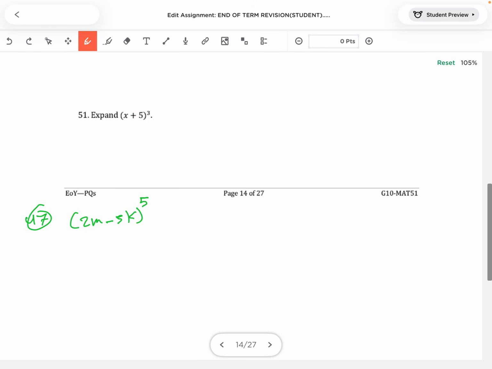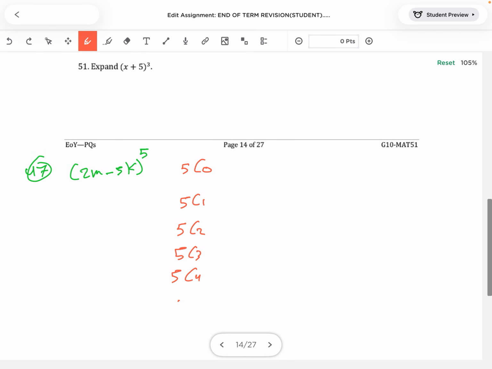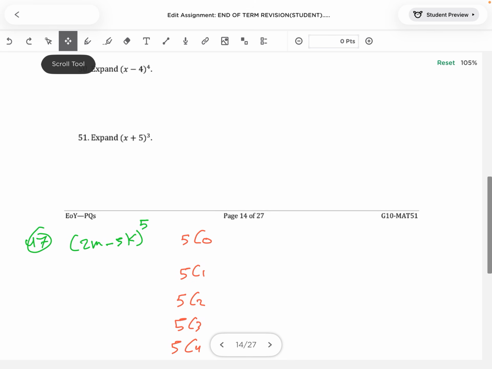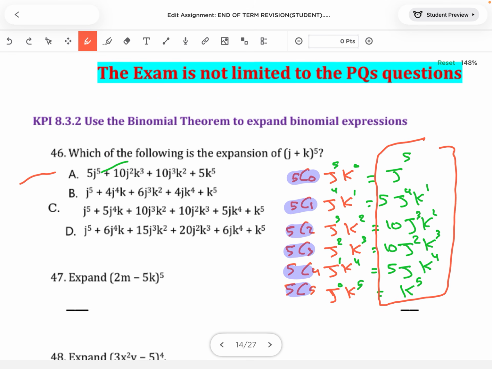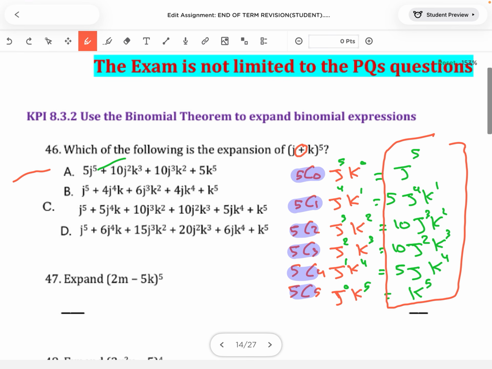So since the power is 5, we start with the combination. 5 combination 0, 5 combination 1, 5 combination 2, 5 combination 3, 5 combination 4, and 5 combination 5. Once we wrote all these, since the binomial has j with k added, I have to add all these with each other. So if you add it, you will get this answer.